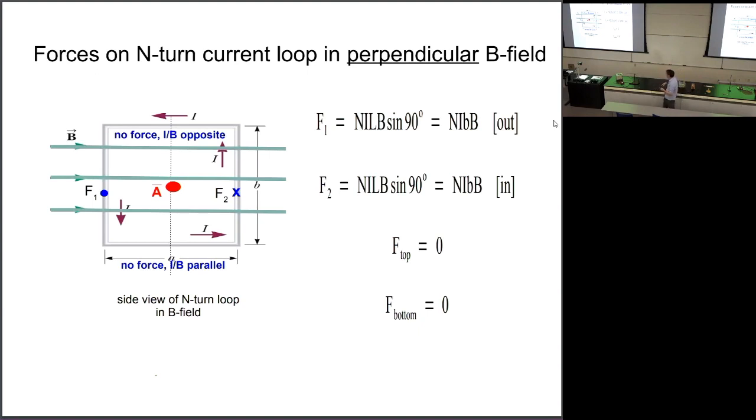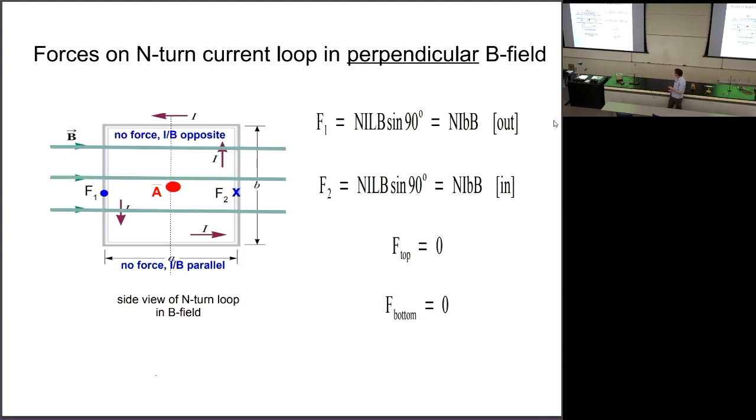So let's ask the question, what is the force on the left? What's the force on the right? What's the force on the top, and what's the force on the bottom? Those 4 pieces of the current loop, and then we can think about the overall force that's acting.